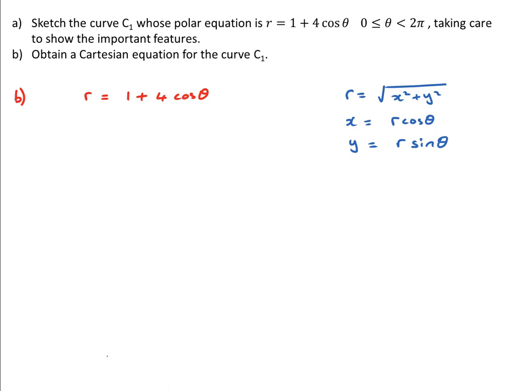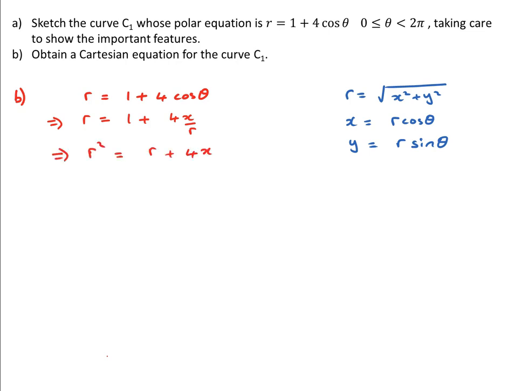So the angle appears in the cos theta term, we can say that cos theta is the same thing as x divided by r. So r is the same thing as 1 plus 4x divided by r. We could multiply through by r to clear the fractions.